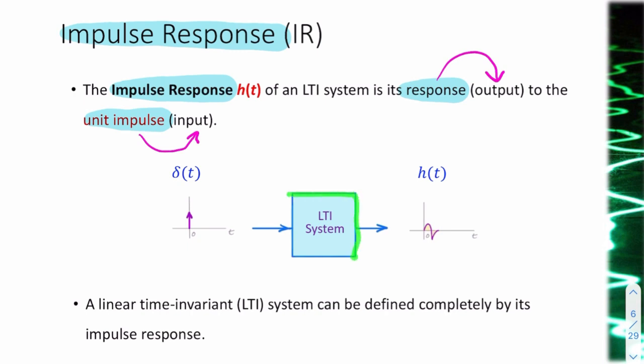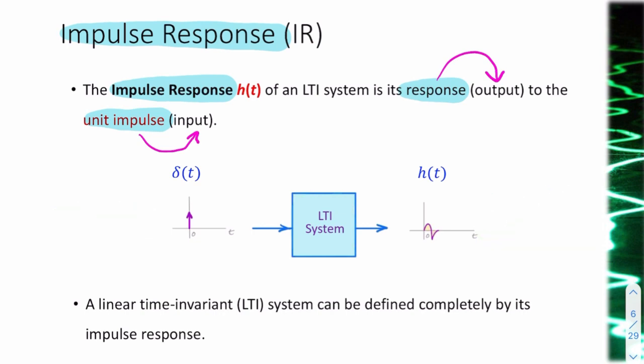So this is my system. We represent it using a block. So it's a linear time invariant system. This arrow on the left, that's the input. The arrow on the right, that's the output. We generally use x of t for the input and y of t for the output.